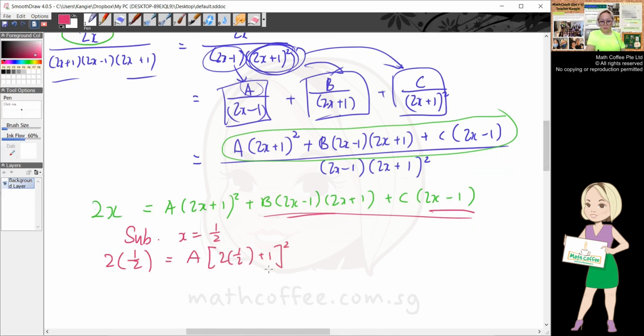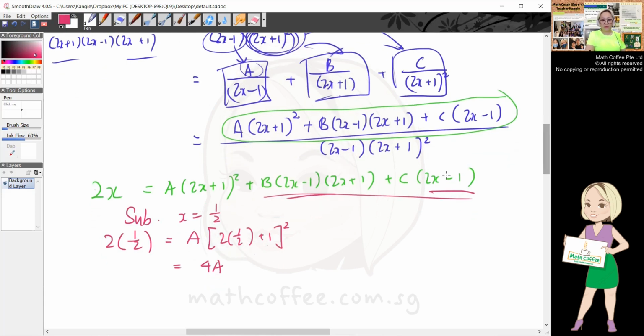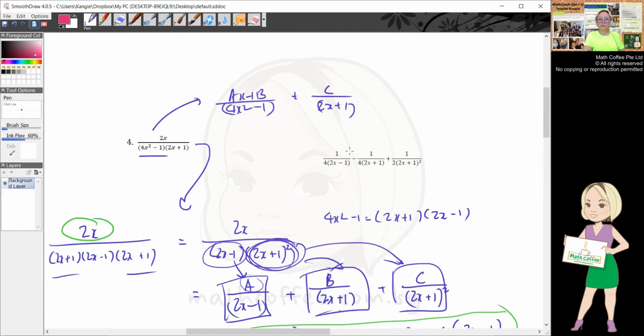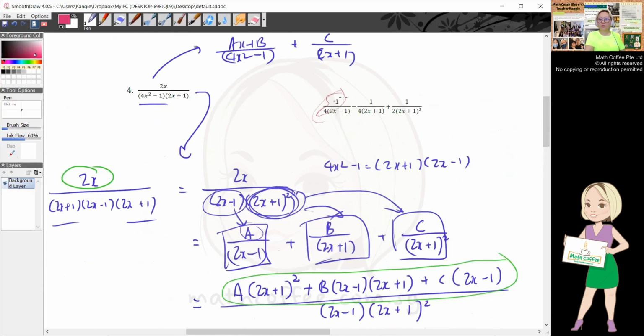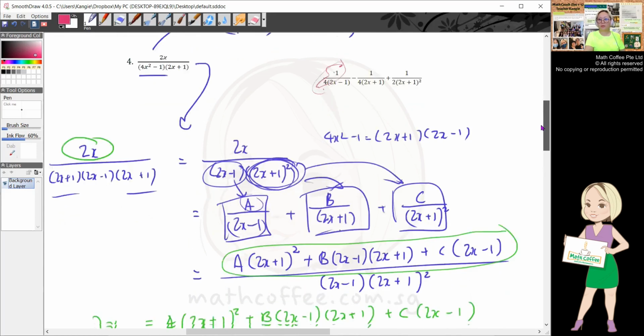So I just do 1, 2 times 1 plus 1 is 2, 2 squared is 4. So it will be 4a. Oh, I think just now I had this error. Okay, so 4a equals 1. So in the end, my a equals 1/4. See? 1/4. And when you write 1/4, you put it this way: 1 at the numerator, 4 at the denominator.